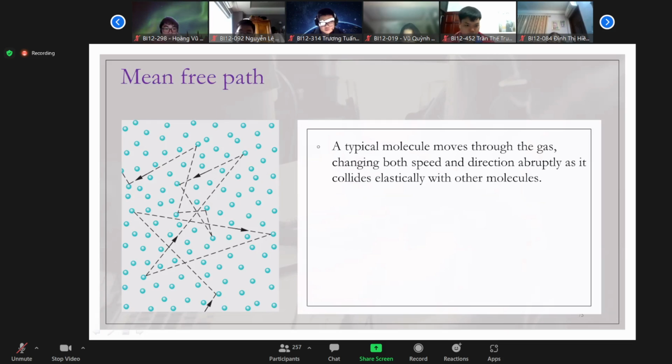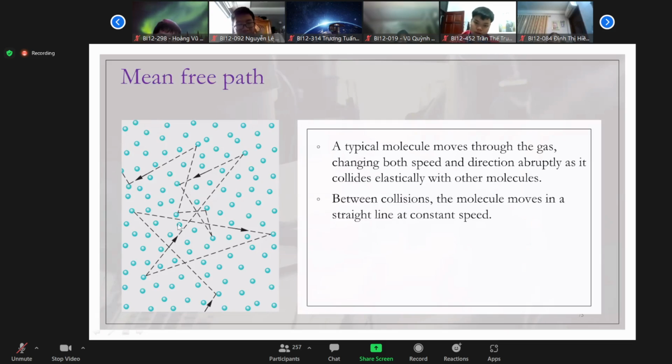When we consider that the collision is elastic, then this molecule will change direction, and also the kinetic energy. This one will also change direction and kinetic energy, but the total kinetic energy and momentum are conserved. This is for the elastic collision, but the direction will change, the kinetic energy will change.